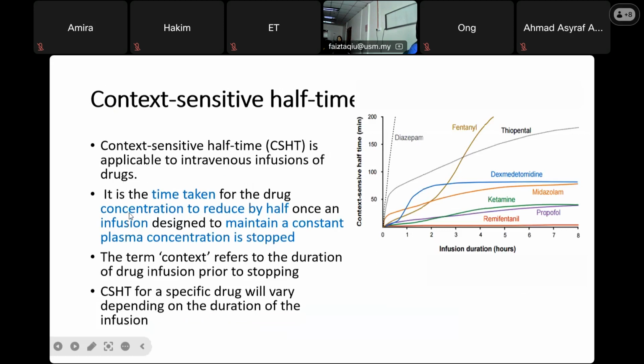Context sensitive half time is the time taken for the drug concentration to reduce by half once an infusion designed to maintain a constant plasma concentration is stopped.